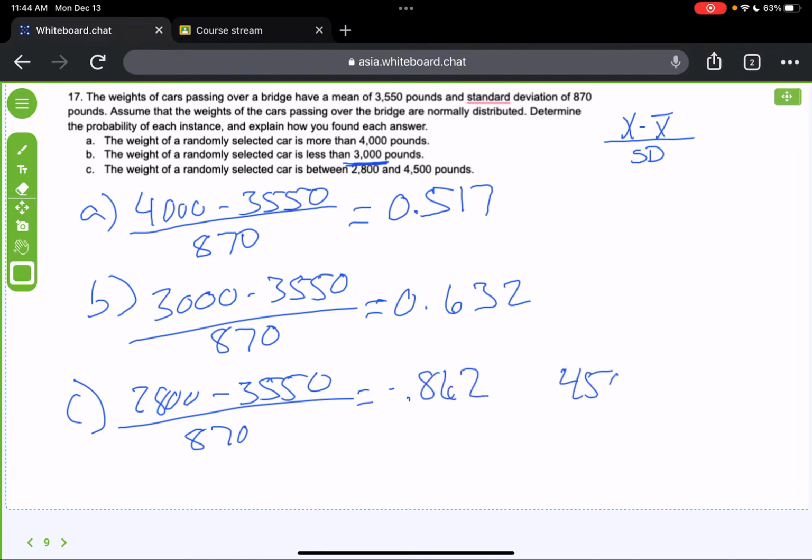And then we would do 4,500 minus 3,550 divided by 870. That's going to be about 1.09, because that's 950 divided by 870. Yeah, 1.092. I guess we could call it 1.09.